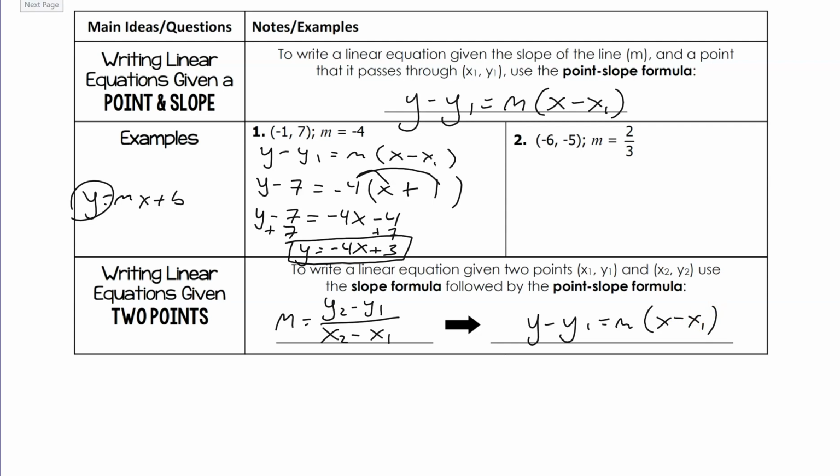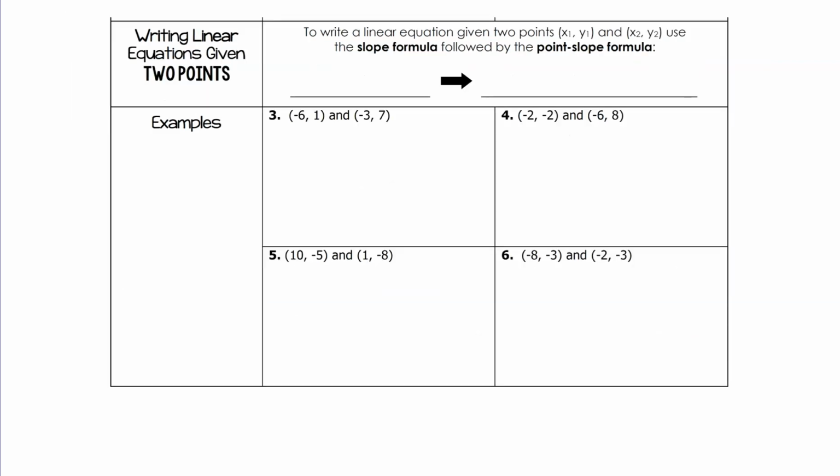So let's go ahead and see an example. We'll put this down here so we can see it again. All right, so there's your point-slope formula again.